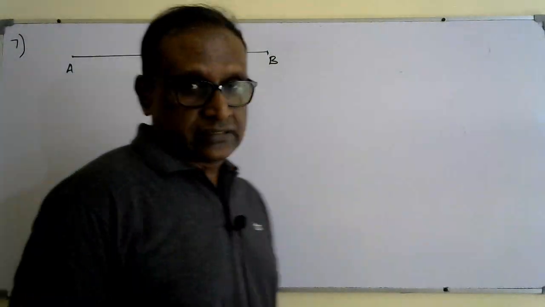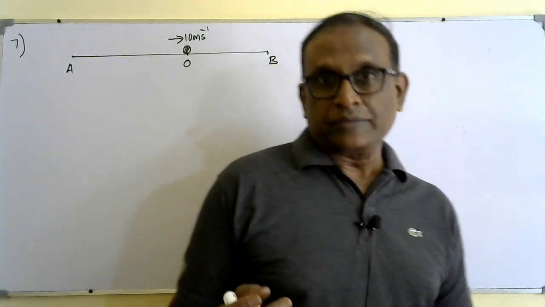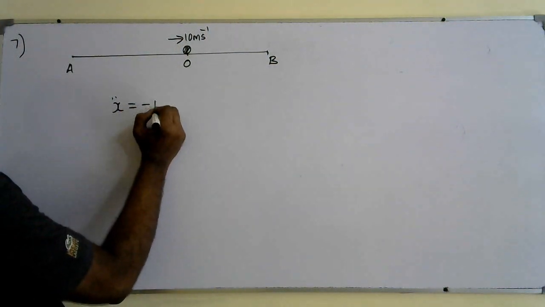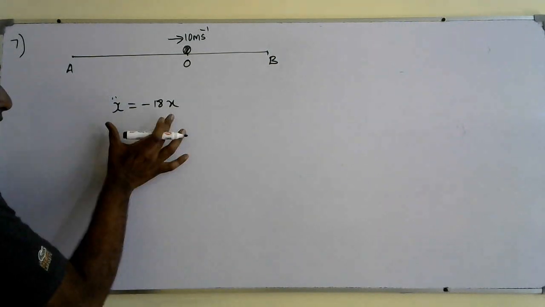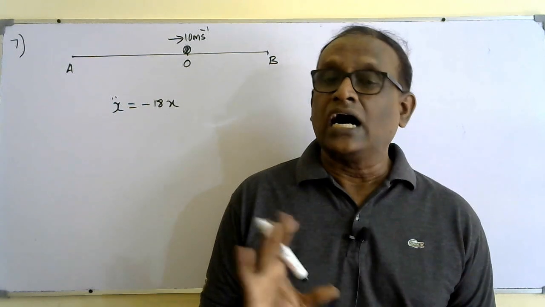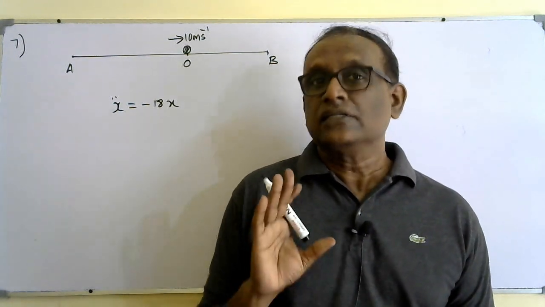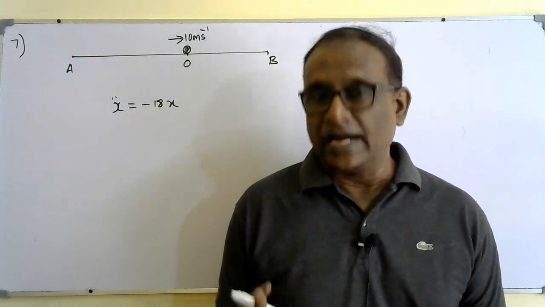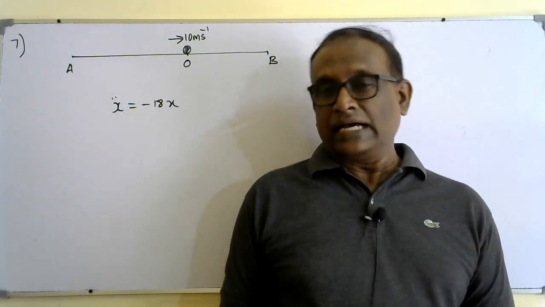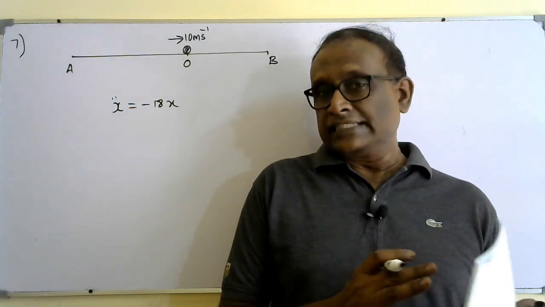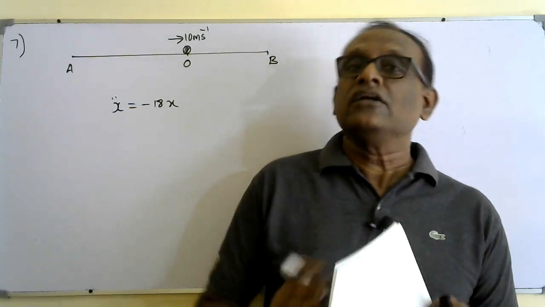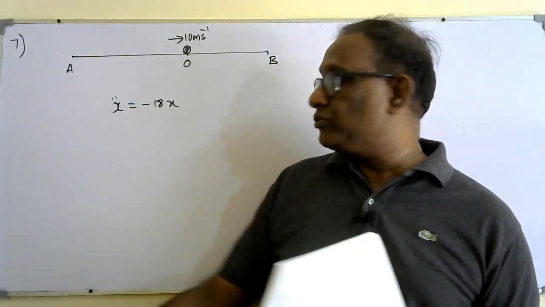We got an equation for the simple harmonic motion, x double dot equals minus 18x. When we derived this equation, we took both strings to be under tension, T2 minus T1. From that I solved and got this equation.